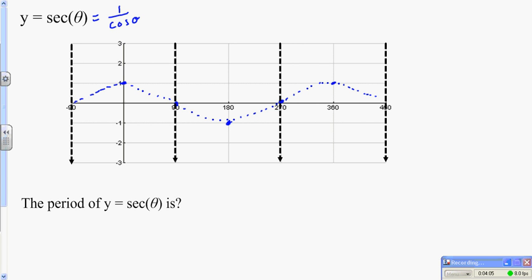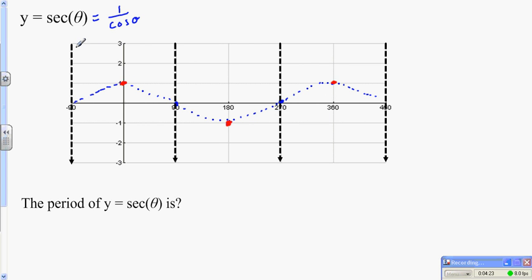Now, how do we graph secant then? Well, this boxes it in a little bit for us. When cosine is 1, the reciprocal of it is still 1. So that's going to stay the same. When cosine is negative 1, the reciprocal is still negative 1. So those points they'll have in common.